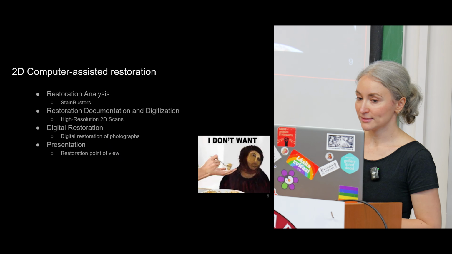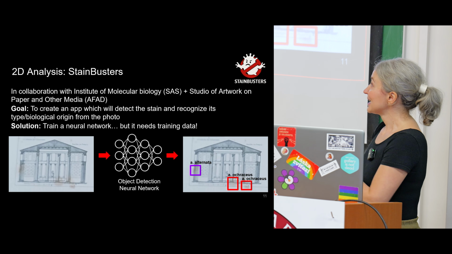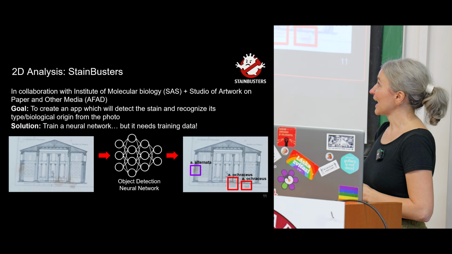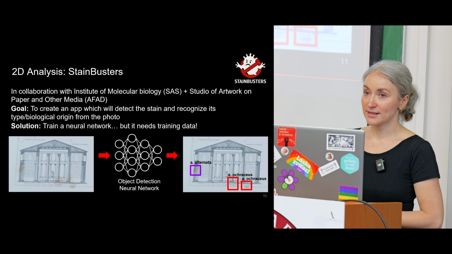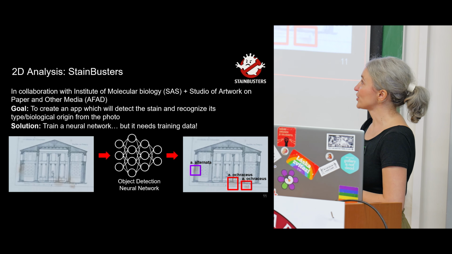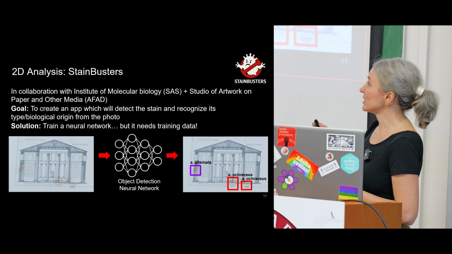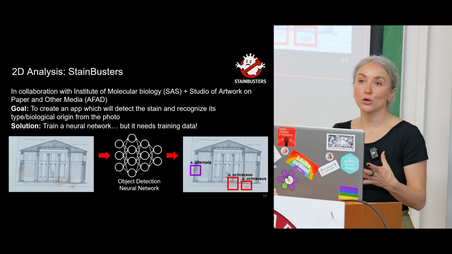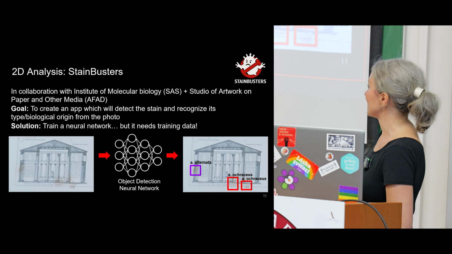So the first one is the restoration analysis. In this area, we are currently working on a project called Stain Busters, in cooperation with the Studio of Artwork on Paper and Other Media. These are restorers who focus on documents, or maybe mostly documents.